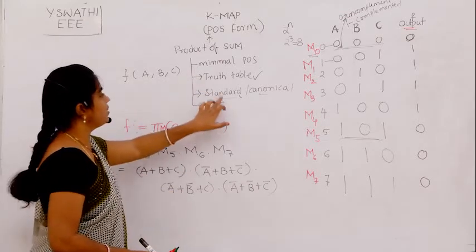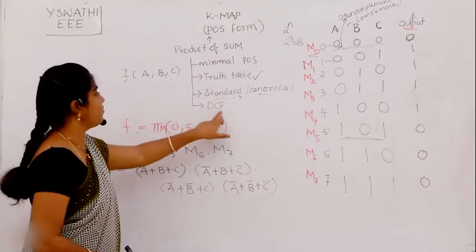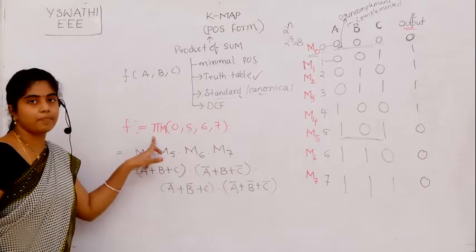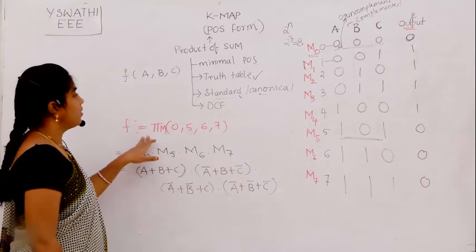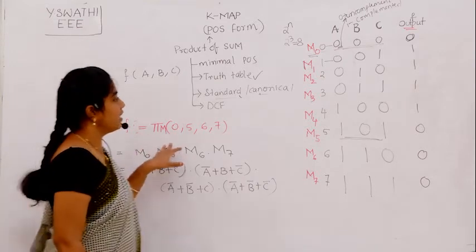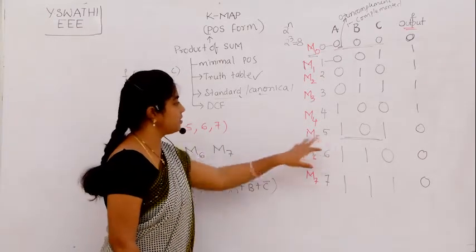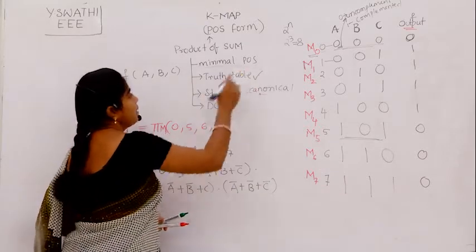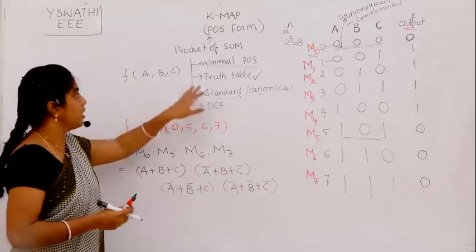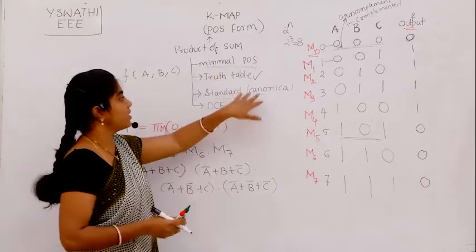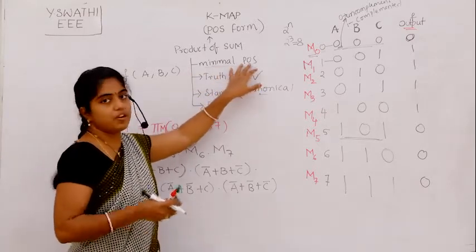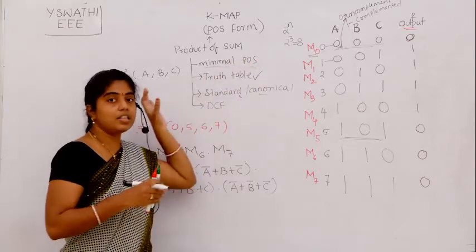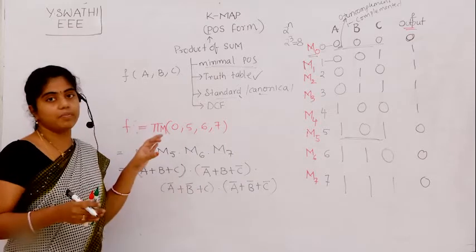Now we have seen these two, and this decimal coded function is nothing but this form. So our given function can be in these three ways, and we should reduce it to the minimal POS form. The minimal POS form is a reduced expression of the standard POS form, in which every term need not contain all the literals or all the variables.